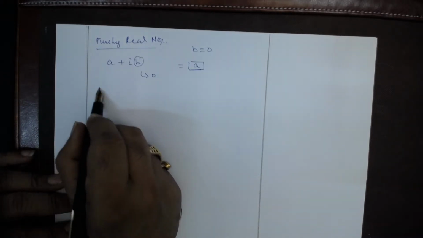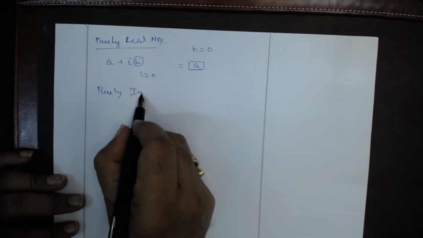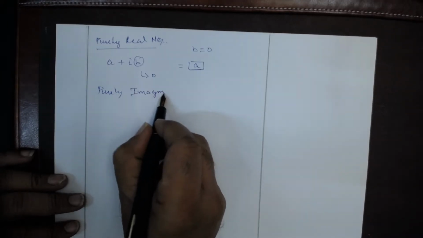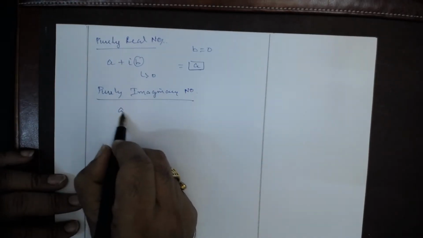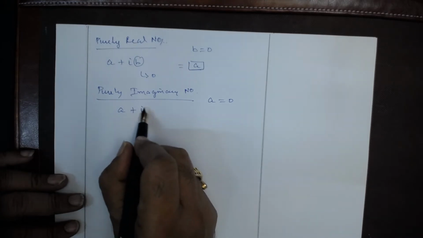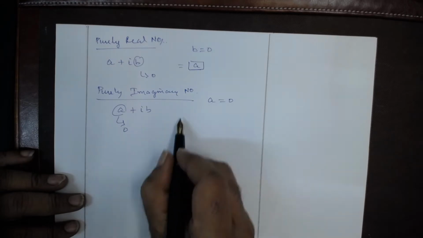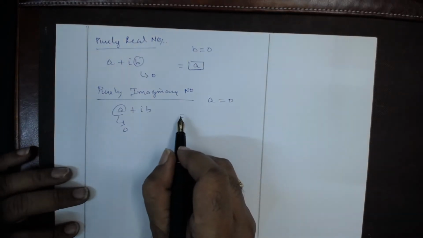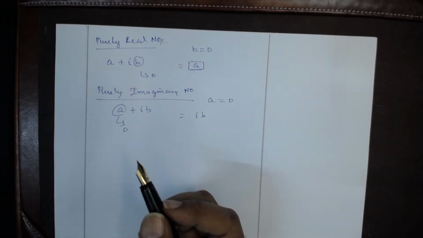Similarly, a purely imaginary number can be represented as A is equal to 0. So in that case, IB, so here A is equal to 0, that represents only IB. So that is purely imaginary.